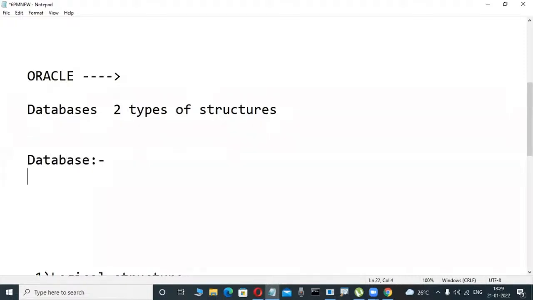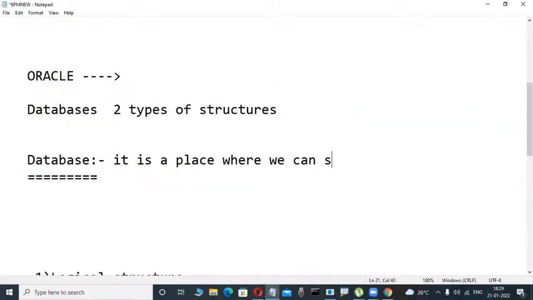What is a database? In Google or in books, it is a place in a computer system where we can store a structured collection of data. What is data? What is information? What is DBMS? That is later.